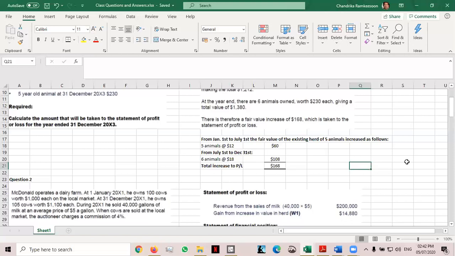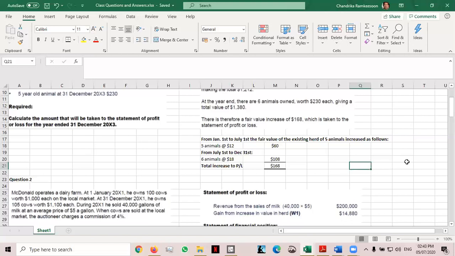Remember the animals which were in existence at the start of the year, there were 5 of them. At the 1st of July, since another animal was acquired, same age as the existing 4.5, it means that the values of the existing animals at the 1st of January would also have increased.